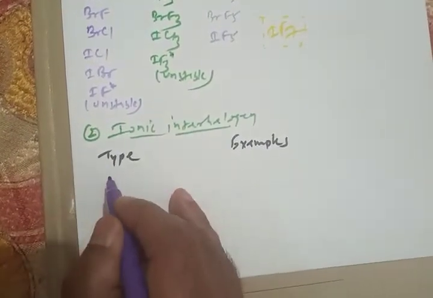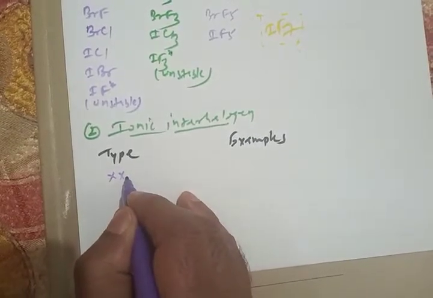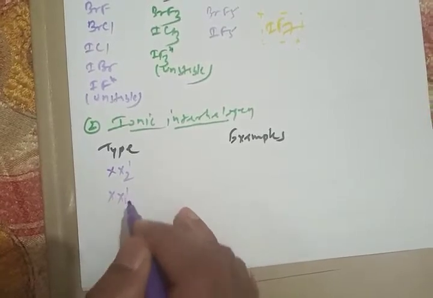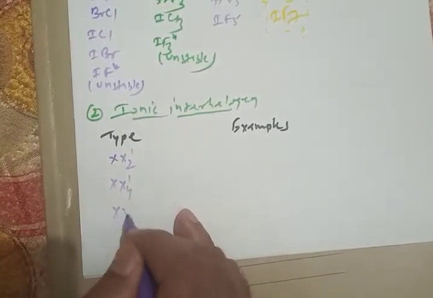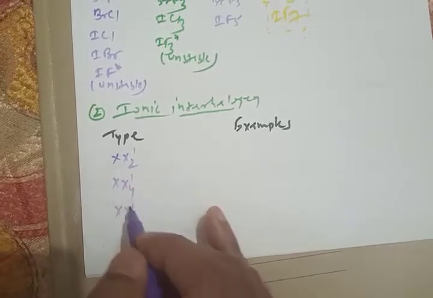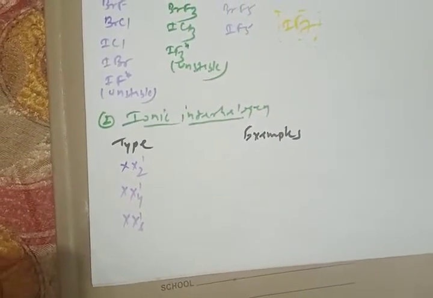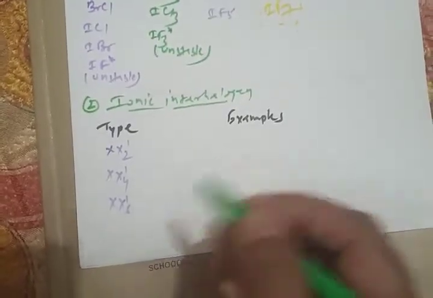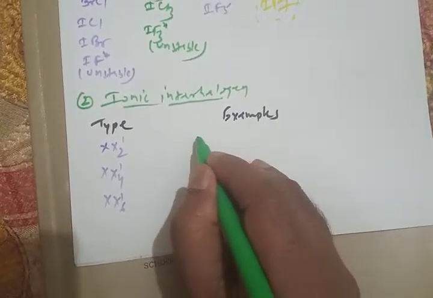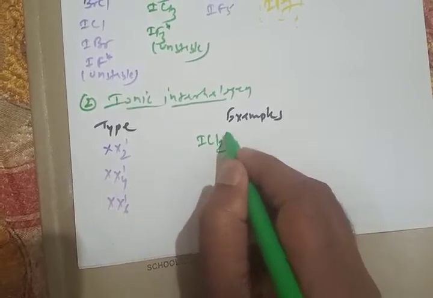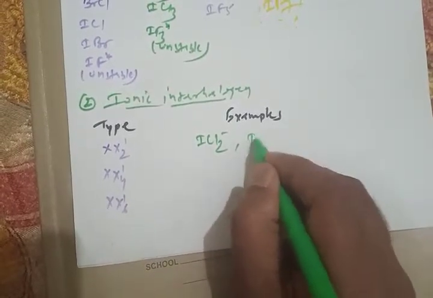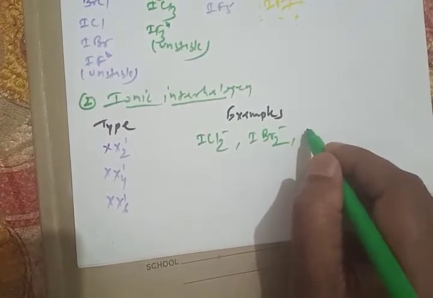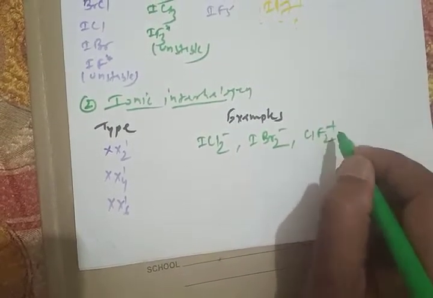So this is XX2, XX4, and XX6. Examples: there are n number of examples of cation and anion both. ICl2 negative, IBr2 negative, then ClF2 positive.